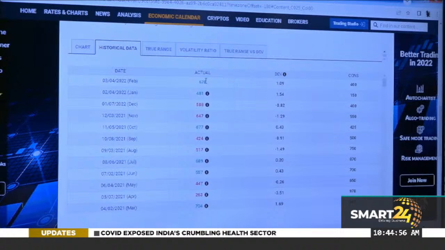So some people took a hit. For January, the previous figure was 588. The consensus was 150. We expected that very big drop, and the actual figure came out as 481. That broke the hearts of so many people.